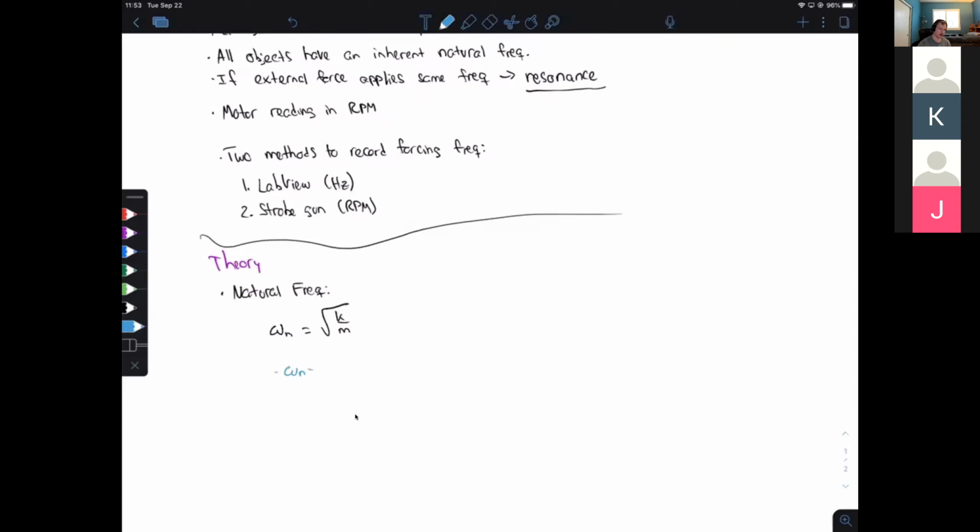So omega n is the natural frequency that we have, k is going to be the stiffness of our system, and then obviously m is the mass.